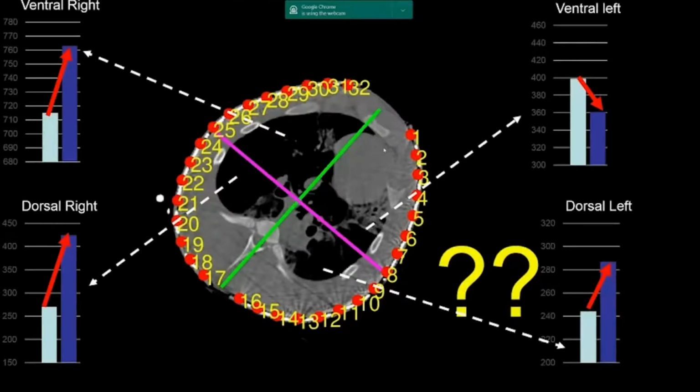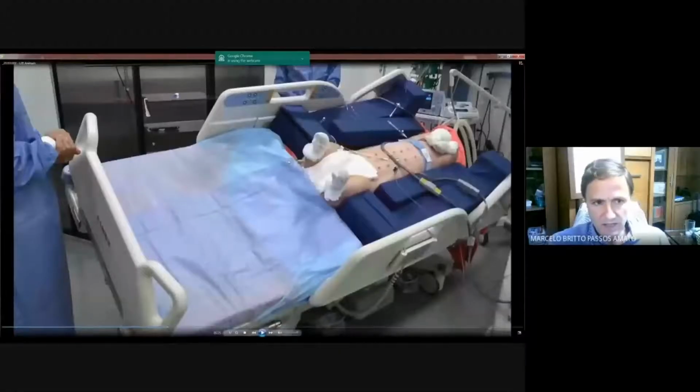I think the explanation is related to the change in the abdominal content and the removal of the gravity forces compressing the dorsal part of the lung because of the shape of the diaphragm. This is very new information, and we are collecting more data to report this in a publication in the next months. So let's see the size of this effect.